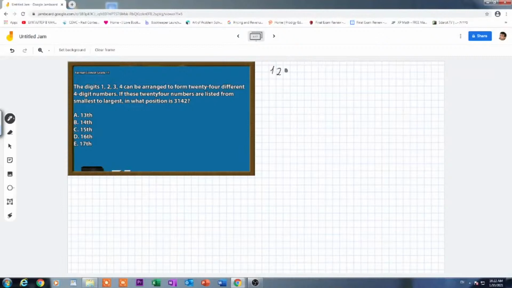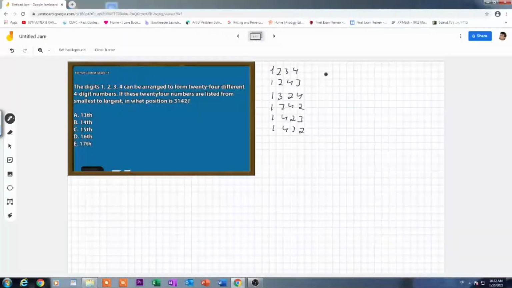The smallest will be 1234, and then 1243, 1324, 1342, and so on. So we can form 6 numbers here. Same, if we start with 2, we can form 6 numbers here.